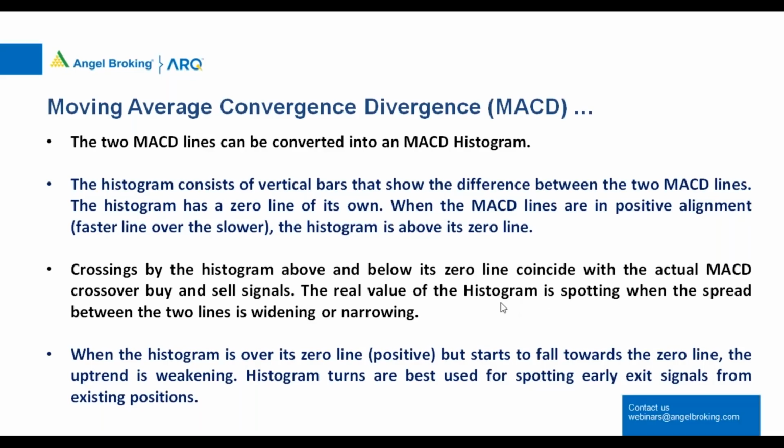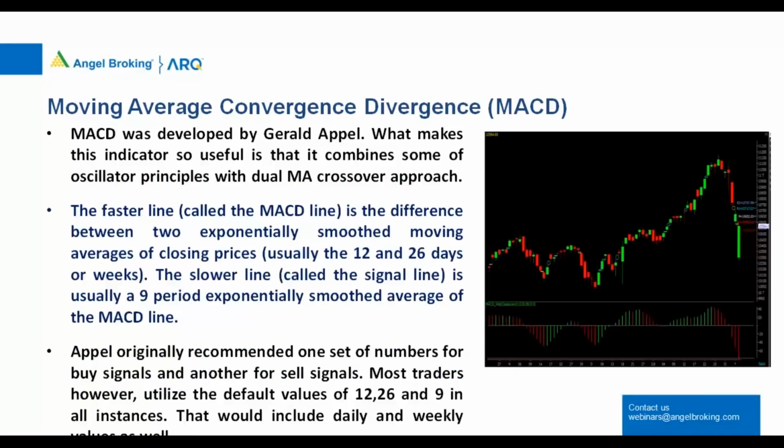When the MACD lines are in positive alignment, that is faster line over slower line, the histogram is above its zero line. So crossings by the histogram above and below its zero line coincide with the actual MACD crossover buy and sell signals. In the buy case, the faster line will cross over the slower line and move upward, whereas in the sell signal it will go downwards.